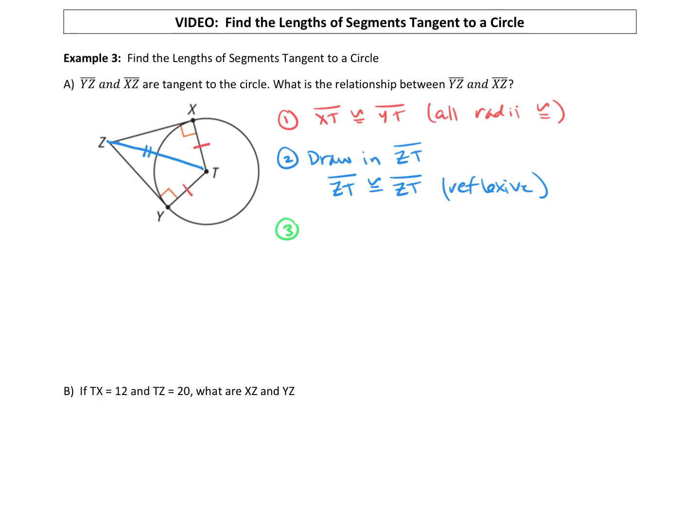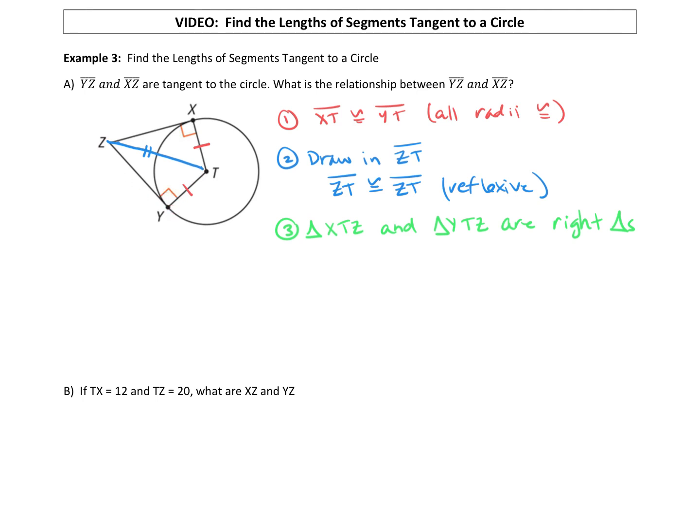Notice that we have two right triangles. So triangle XTZ and triangle YTZ are right triangles. We've got this triangle with a right angle, and we have this triangle with a right angle.